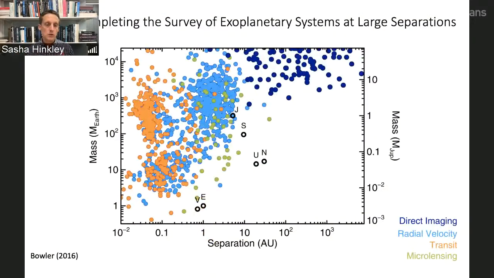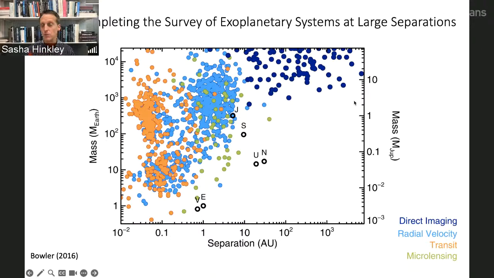So I also want to talk about the second goal that I listed. That has to do with completing the survey of exoplanetary systems at large separations. So here we see our demographic plot, mass versus separation with the transit and radial velocity objects close in. But then we can see this large smattering of directly imaged objects out here at wide separations, tens, hundreds of AUs. But I think what you can see is there's quite a floor here of sensitivity.